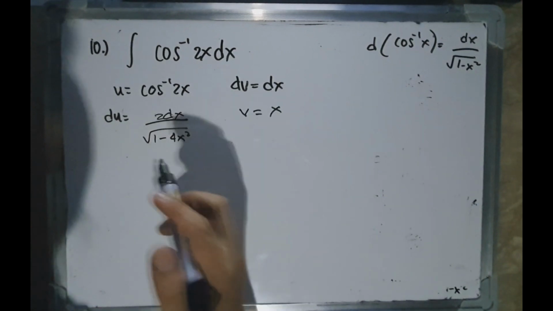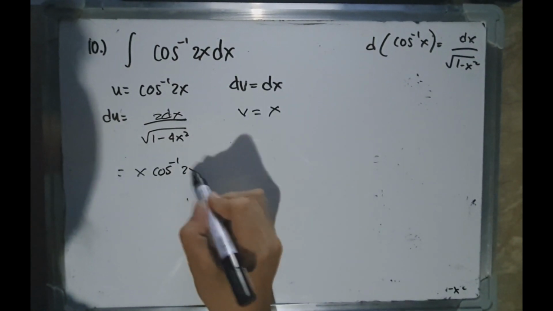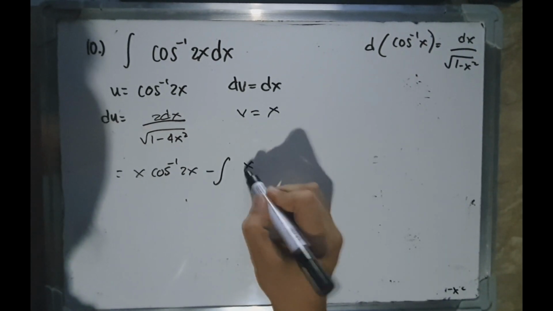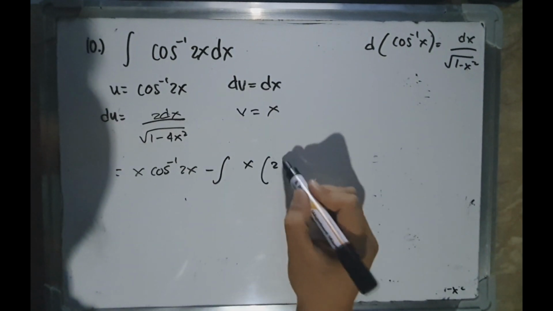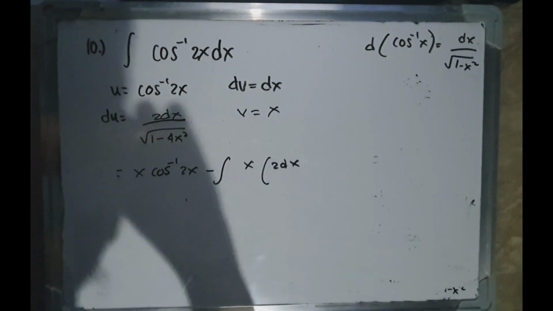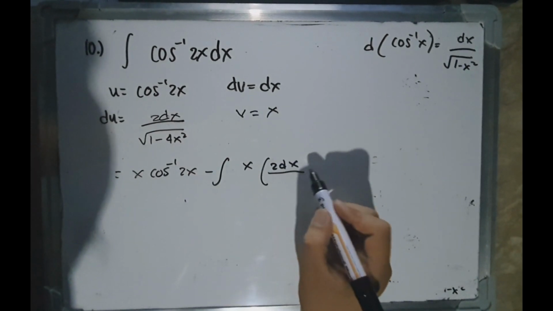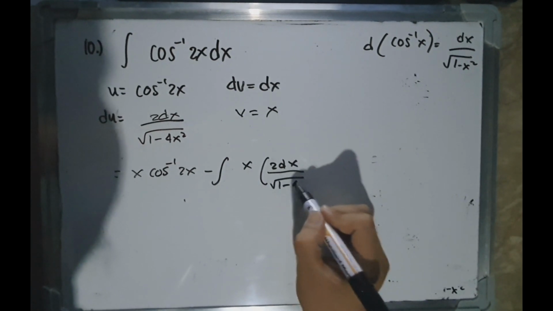U times v, x arccos of 2x minus integral of v, x, we have 2 dx over square root of 1 minus 4x squared.